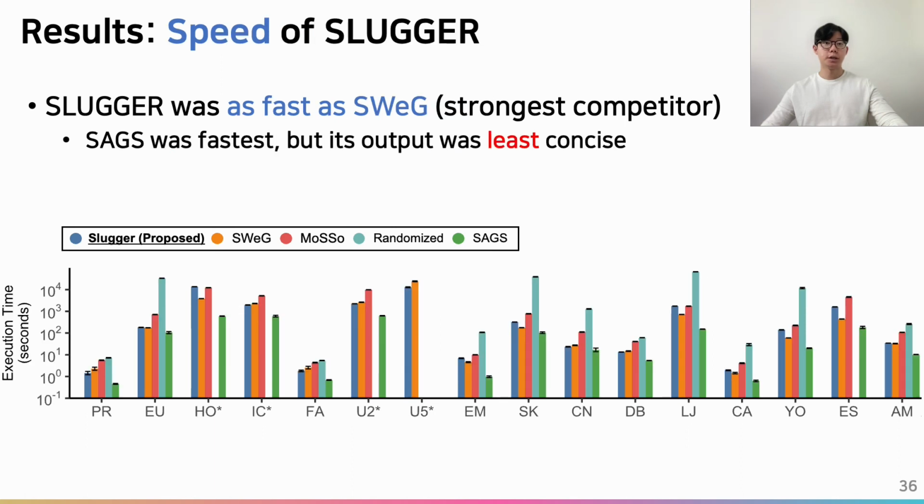In terms of speed, SLUGGER was comparable with SWAG, which consistently provided the second most concise representations. Specifically, SLUGGER was faster than SWAG in 7 out of 16 datasets, while SAGS was fastest in 15 out of 16 datasets. By rapidly deciding nodes to be merged, its output was least concise in the same number of datasets.